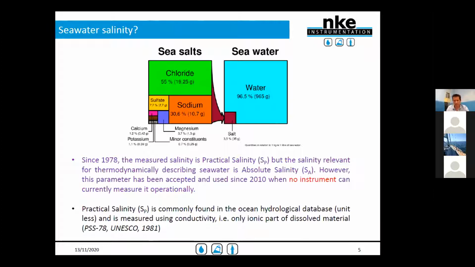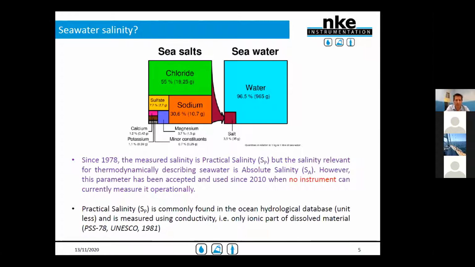Now, how is salinity defined? Of course, if you take a volume of seawater, you have 96.5% of water, and salt represents 3.5% of this volume. The sea salt is composed of chloride, sulfate, sodium, magnesium, calcium, potassium, and mineral constituents represent 0.7%.